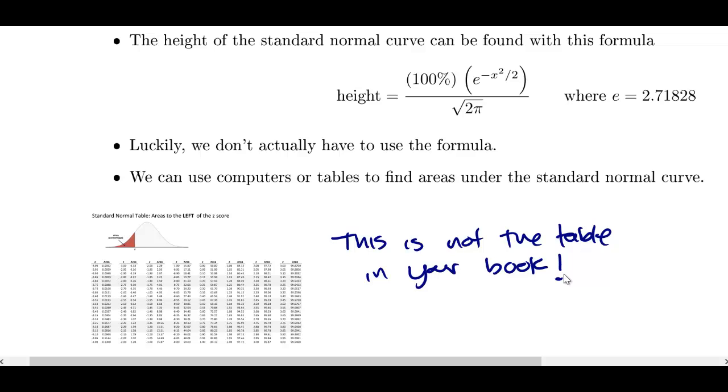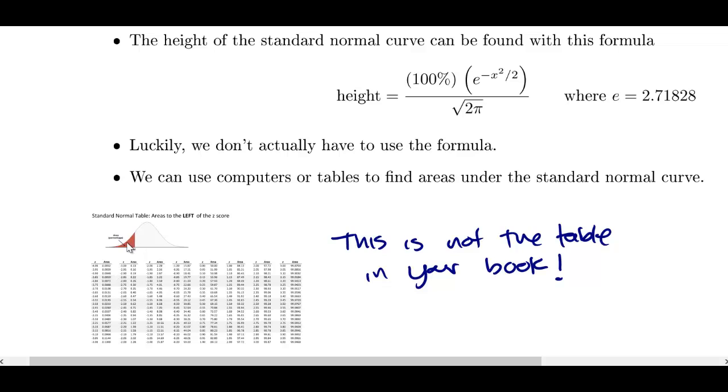It will give you fewer computations than using the one in your textbook. When you look at this curve, or this table, notice that you have the curve with a little Z, and it shades the area to the left of Z. The people that invented the standard normal table decided they're always going to do the area to the left of the Z-score. So keep that in mind, it's always the area to the left of the Z-score.